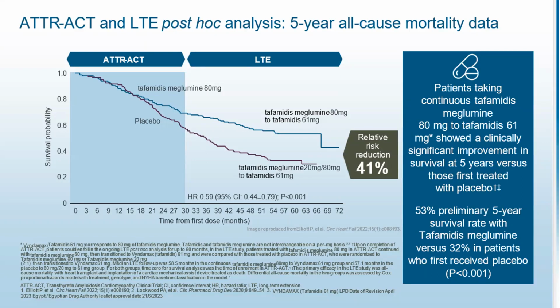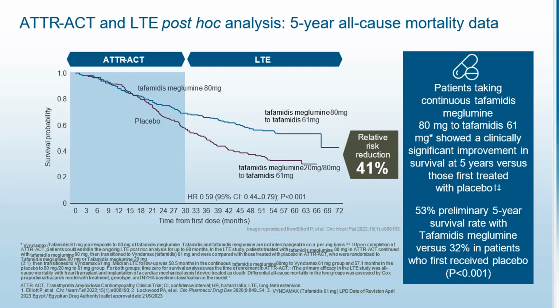After the 30 months were finished, the patients were included in the trial for long-term follow-up up to 72 months, 6 years of follow-up. And what did we find? We found that the relative risk reduction at month 72 was 41%. This showed that those patients who were receiving tafamidis had prolonged survival up to 6 years, with a relative risk reduction of 41%.